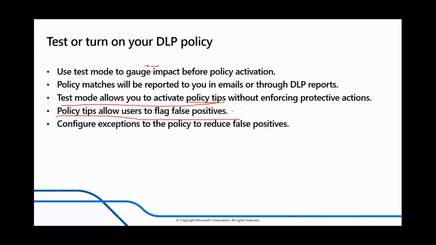For example, if we have some information that we want to share and it doesn't contain sensitive information, in this case we're going to mitigate these false positives. And finally, you can set exceptions to the policy, again in the same way, to reduce or avoid these false positives.